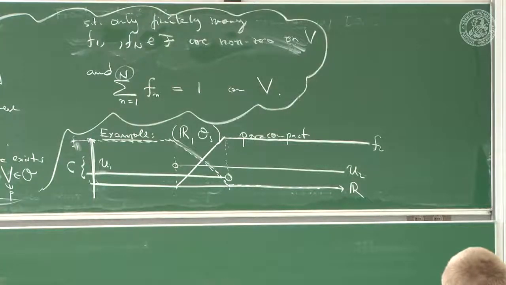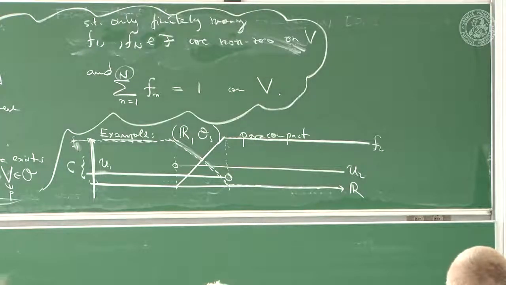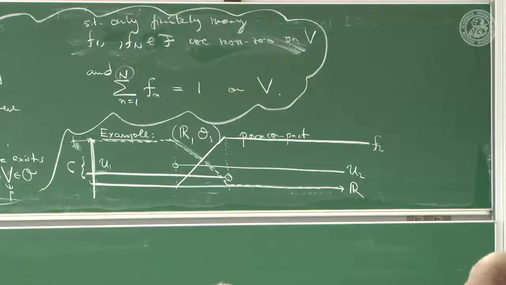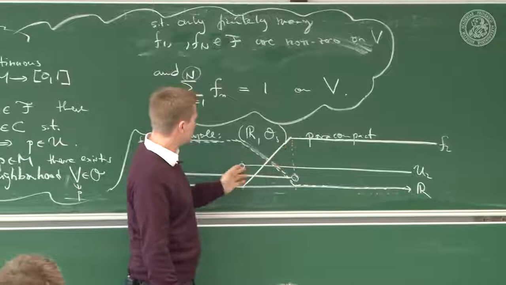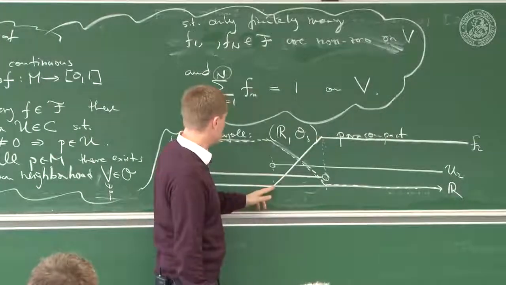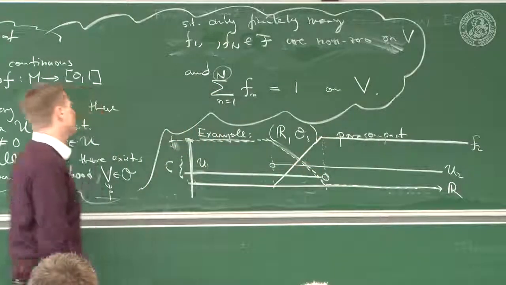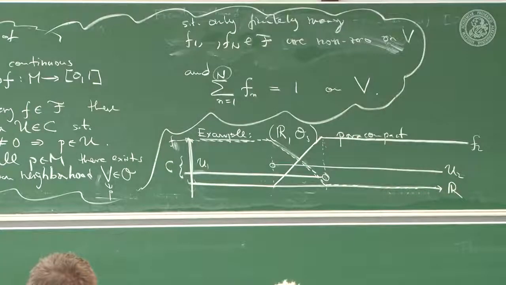So I found two continuous functions such that for every one of the functions, I have only two, f1 and f2, there exists a u in the cover such that the functions are only non-vanishing on this particular u. Well, they can overlap. They can also be non-zero on another u, but they cannot be 0 outside the u that I assigned them, or that I found for them.